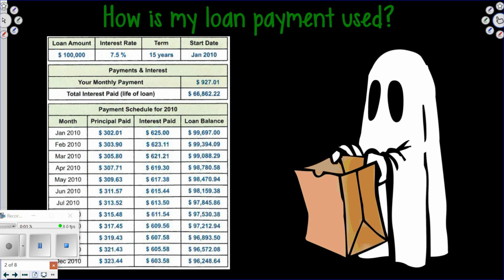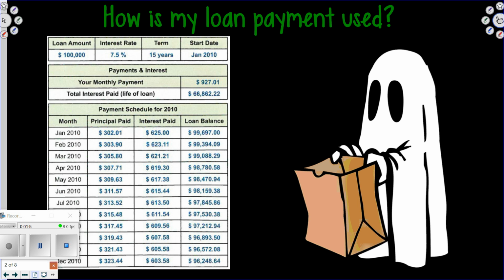So it goes through, and they show you month by month. So their monthly payment was $927.01. So for the very first payment they made, only $302 went to the principal, $625 was interest. Isn't that insane? A $900 payment, only $300 went towards paying off the loan. The other went all towards interest.